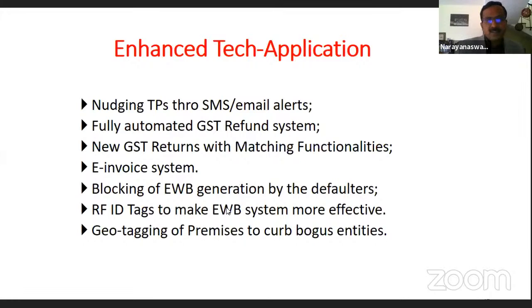In fact, another interesting thing is that after implementing the e-way bill system, there is a possibility of linking with the RFID tags of the toll gates, so that the data coming from the toll gate can be used for monitoring the movement of goods on a real-time basis. This will be a great help for the enforcement wings of the departments.